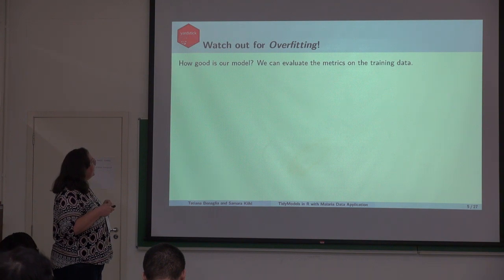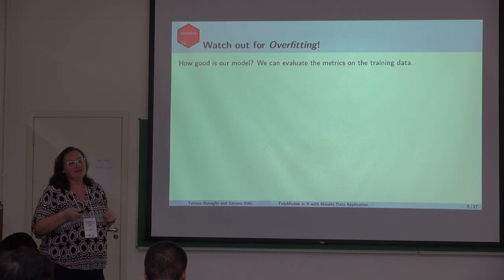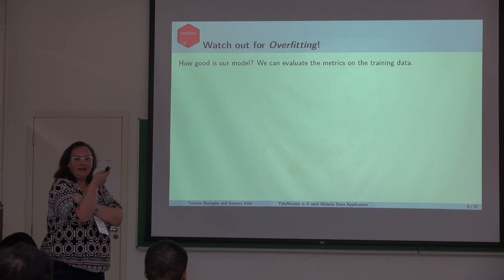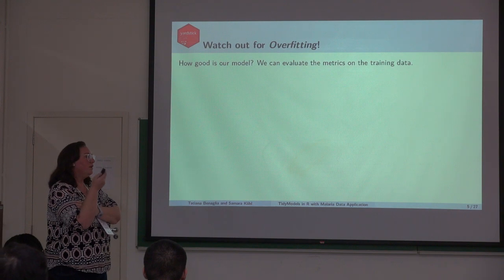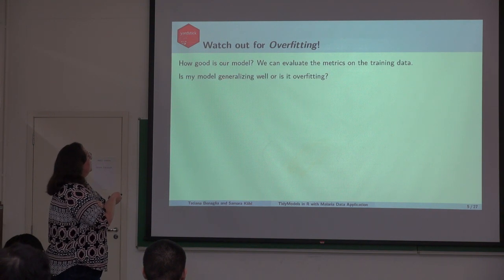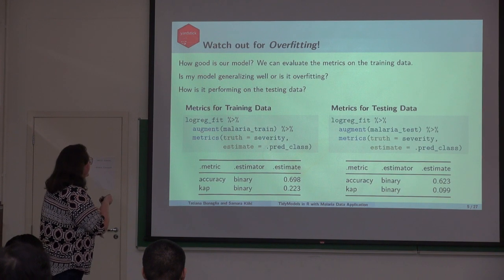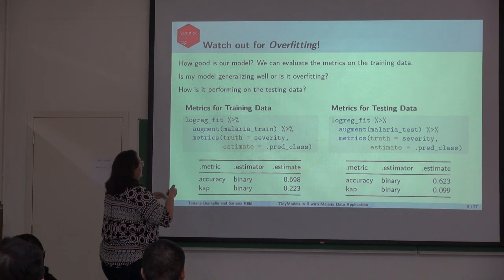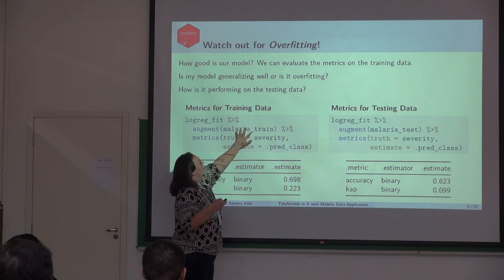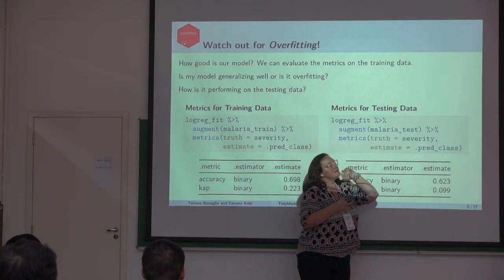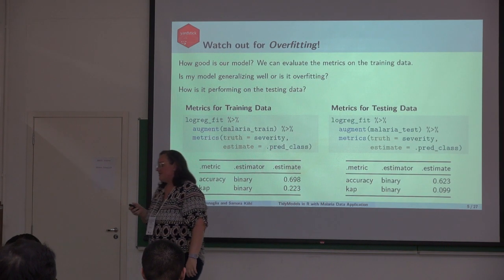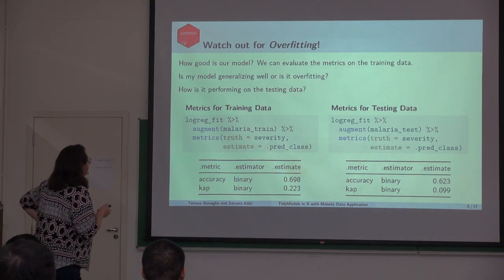So we evaluated the measures on the training set. And then the question is, is this model generalizing well? What can we do then? We can compute the metrics on the test set. When we compute on the training and on the test set, we just change where we get the prediction, test or training. That's the only difference; the rest of the metrics call is the same.